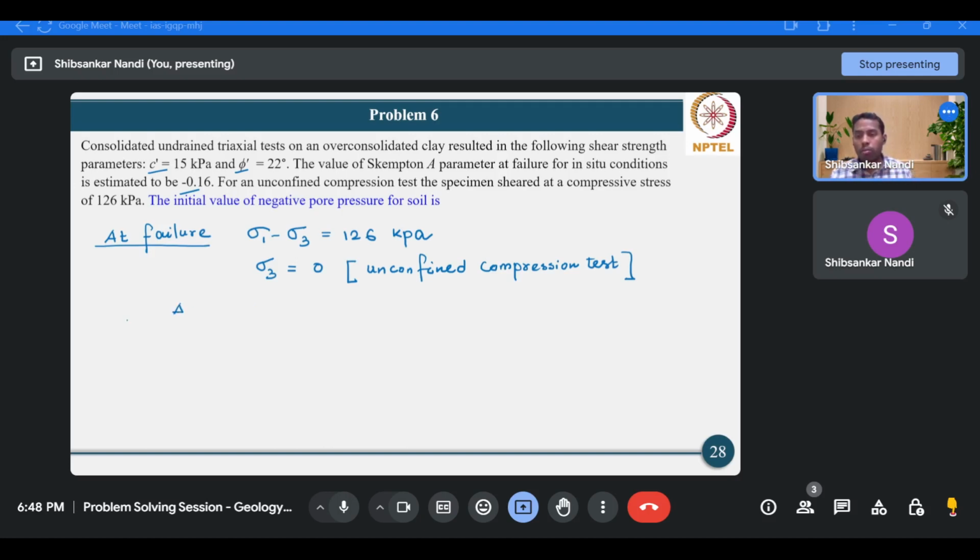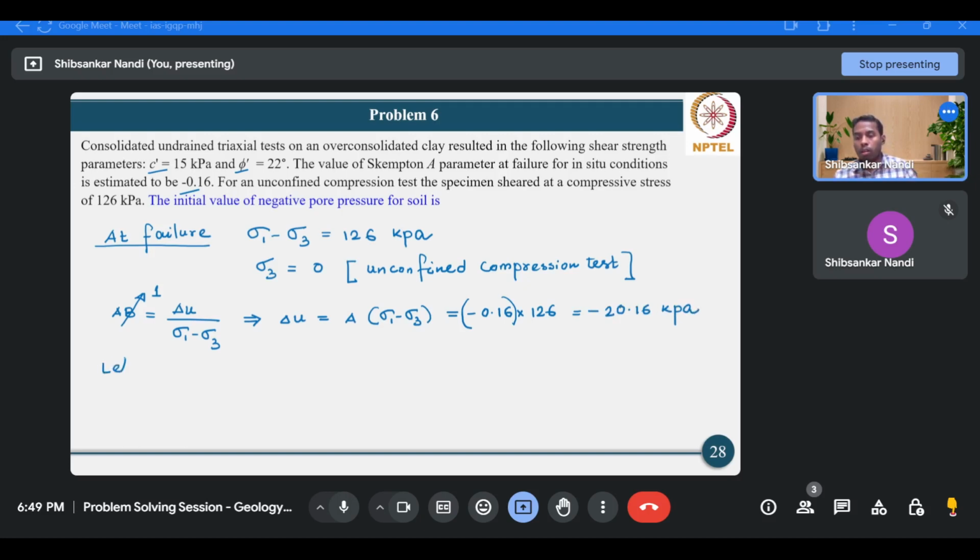So delta U, that you know, A times B is basically delta U by sigma 1 minus sigma 3, and for a saturated sample this B will be 1, so it will be A times sigma 1 minus sigma 3, that is minus 0.16 times 126. So this is minus 20.16.